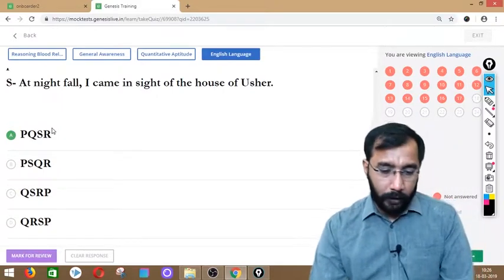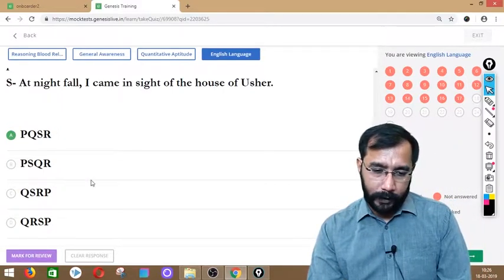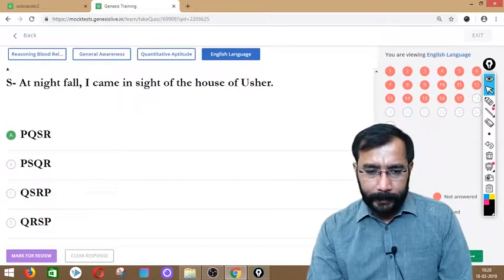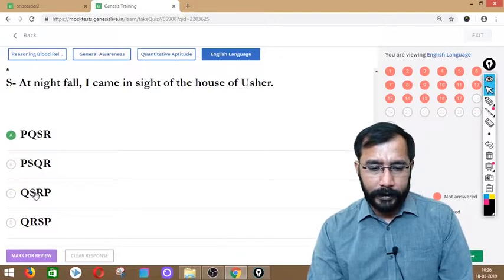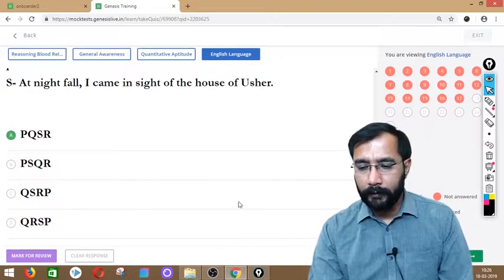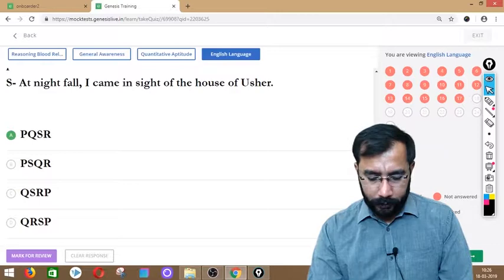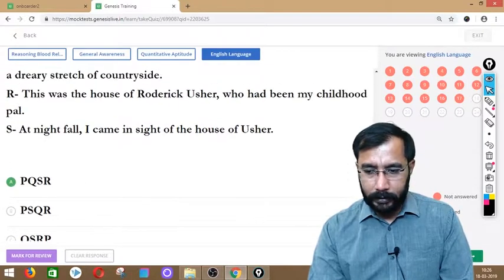Let's look at Q and the other two sentences. It's given that the last sentence is going to be P, so we just need to look at what should come after Q, because both the options have P as the last option.